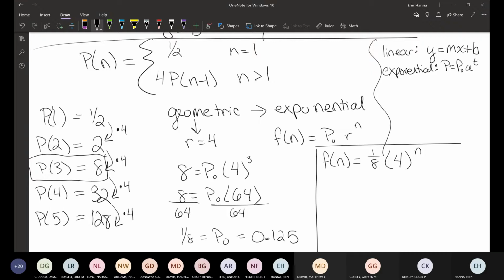It comes into play specifically because we have this geometric sequence. And since a geometric sequence gets to its next term by multiplying by something, which is exactly what an exponential function does, we can use an exponential function to model a geometric sequence. Hopefully that made sense.